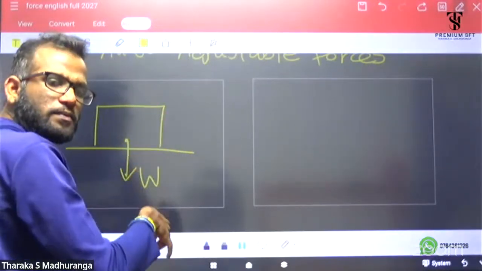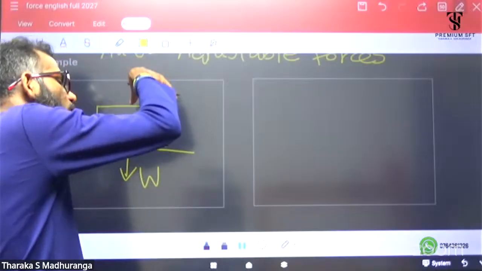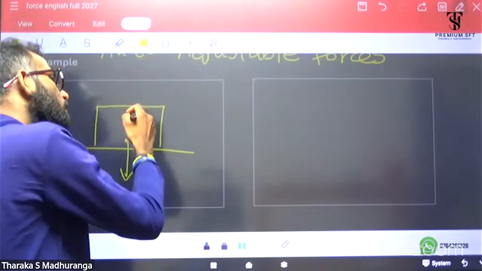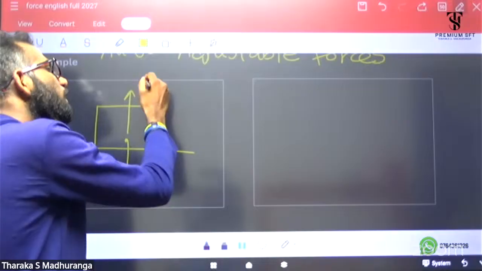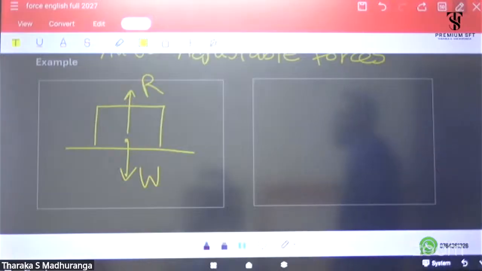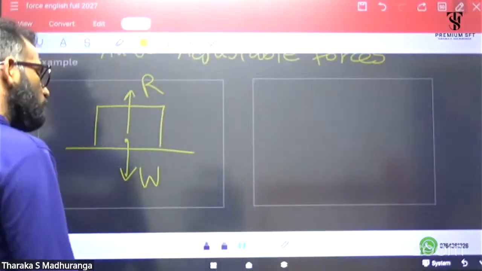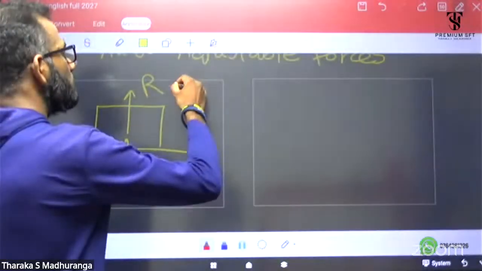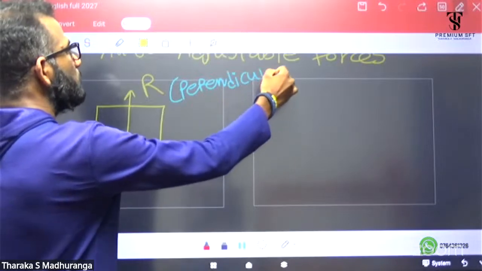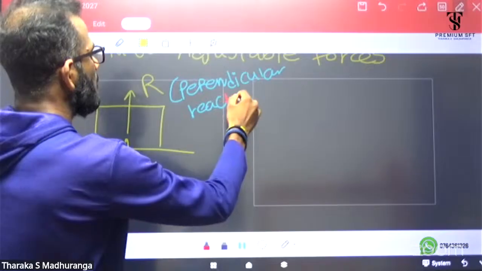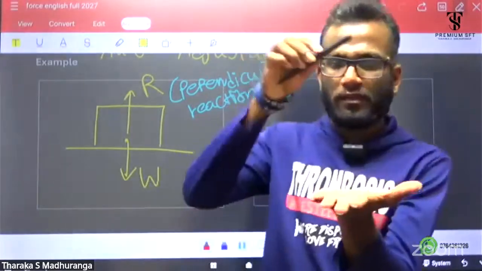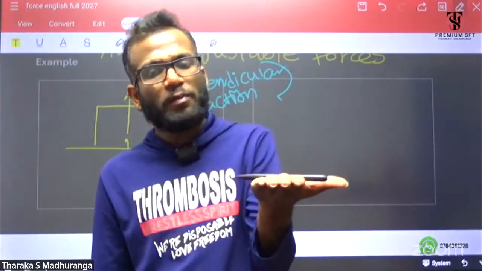If we think of this type of object on any surface, there is another force in the opposite direction that we call R. This is the perpendicular reaction force.